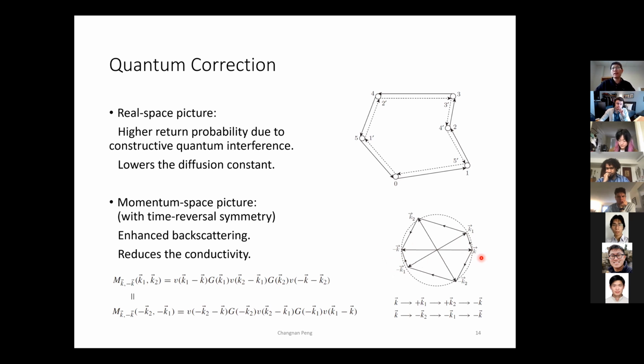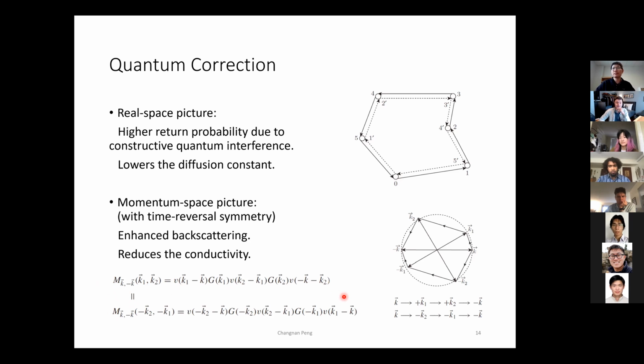For example, if it started with k and then scattered into k1, then k2, and then to minus k, we can imagine a time reversed process that scatters to minus k2, minus k1, then to minus k. These two processes have the same amplitude in this path integral formulation.